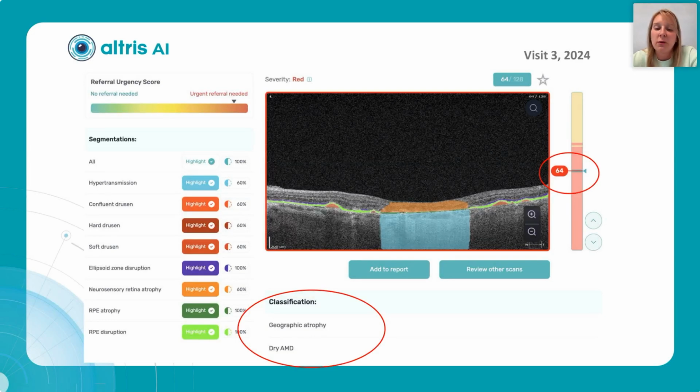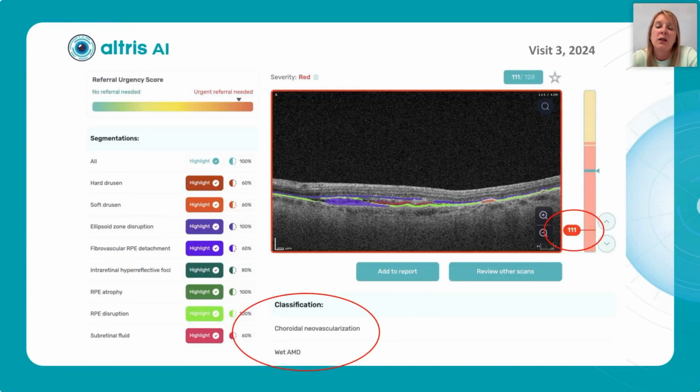But we can remember that all those non-typical biomarkers appeared in the lower parts of the macular area. And if we go down to scan number 111, we can see the diagnosis changes to choroidal neovascularization and wet AMD, which dramatically changes the treatment strategy for this patient.